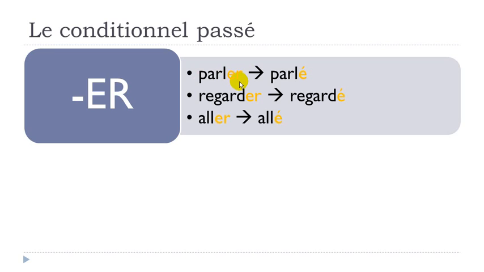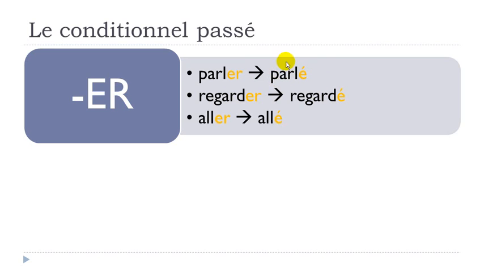And then the participe passé, this past participle, will be like that, parlé, with accent aigu. Then the verb regarder, er here, will follow the same rule. Regardé, like that, with the accent aigu. And here, when we talk about the first group of verbs, we are really talking about a lot of verbs, okay? So many verbs will follow this simple rule.